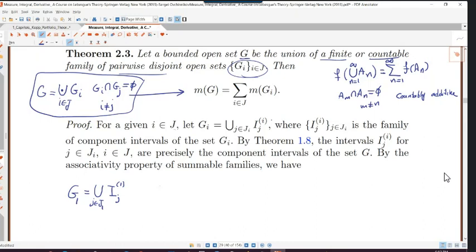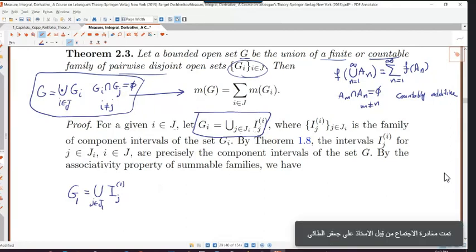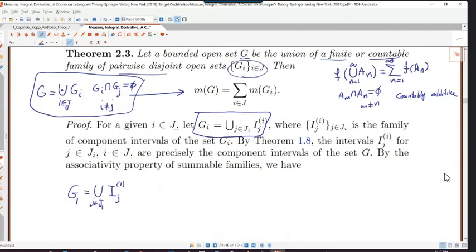We can partition these intervals for each open set Gi. We have this: Gi is the union of Ij to the power of i, in parentheses, to emphasize that it's relative to Gi.